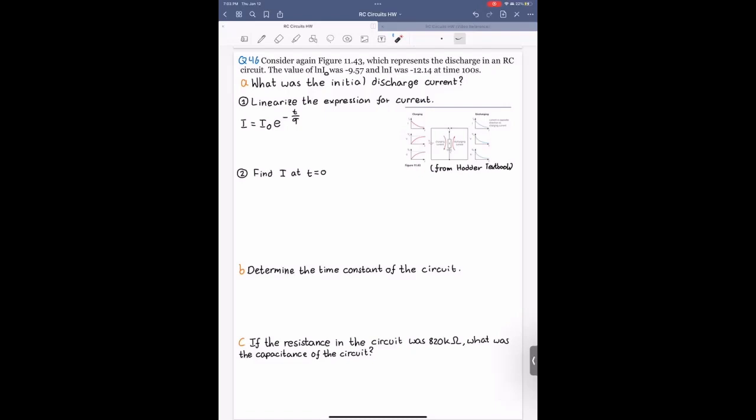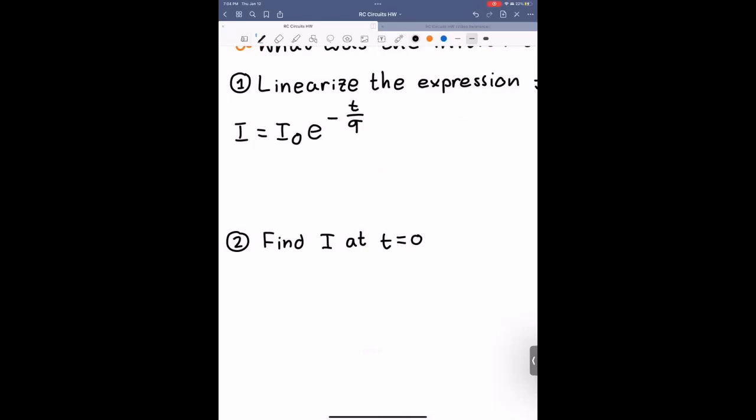All right, since we're given ln I sub 0, but not I sub 0, I think the first step would be to linearize the expression for current over time in the discharge of an RC circuit. So in order to linearize any equation, just take the natural log of both of the sides.